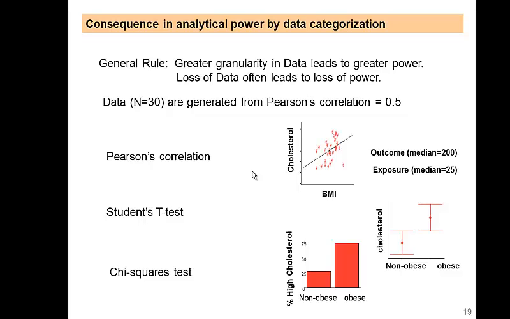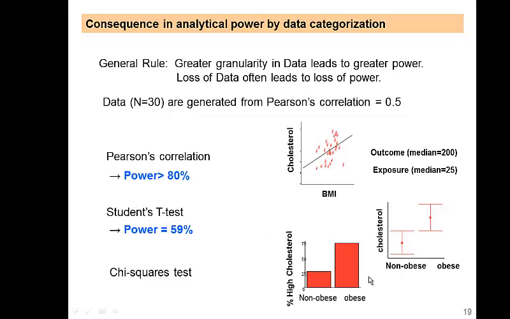So what is power again? It is the probability of detecting a difference when there is truly a difference. So of course you want to have higher power. In this simulation, I set the power to 80% or greater. With the student t-test, where you dichotomize the exposure variable, power becomes 59%.